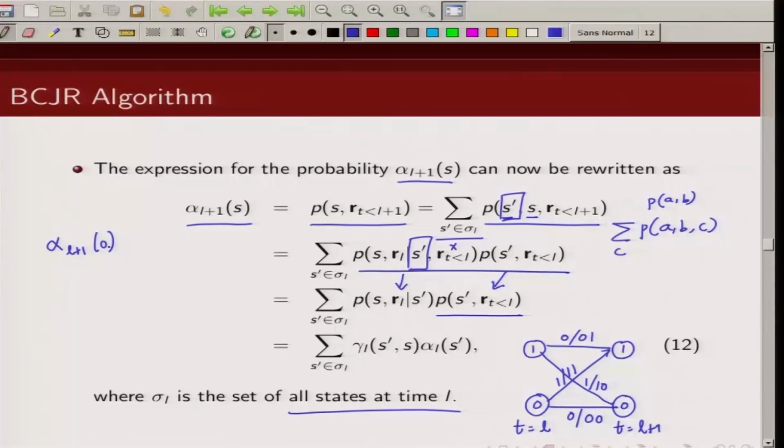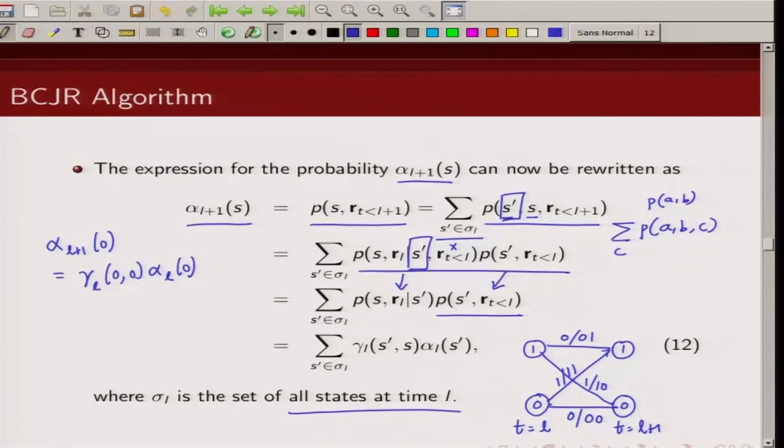So, alpha L plus 1 of 0 can be written as gamma at time L of 0 0, where gamma 0 0 has previous state 0 and next state 0, into alpha L belonging to state 0. So, this is gamma L 0 0 alpha L 0.